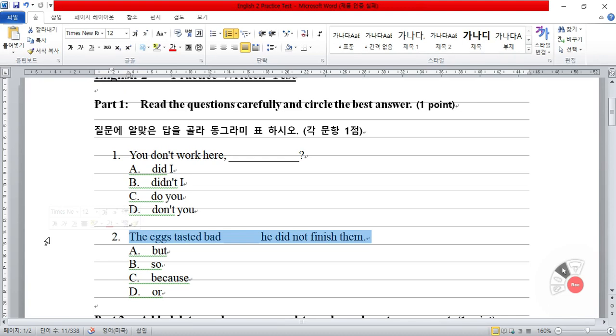But in each case, you will have either an answer to choose or a word or a phrase to fill in a blank. These questions will be worth 1 point.